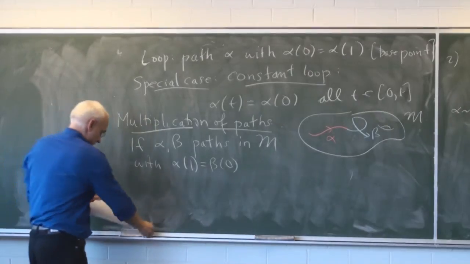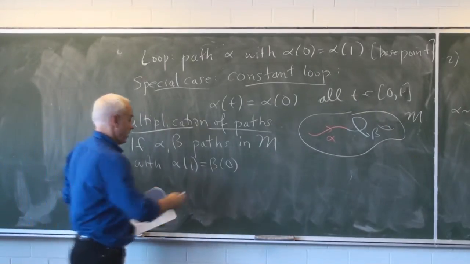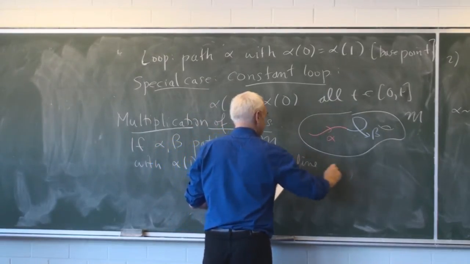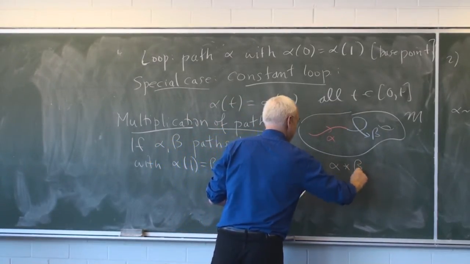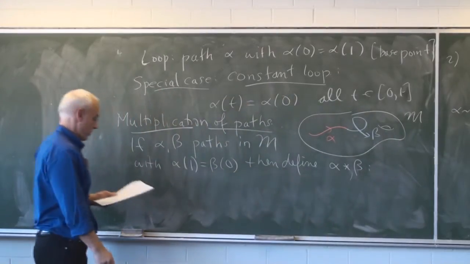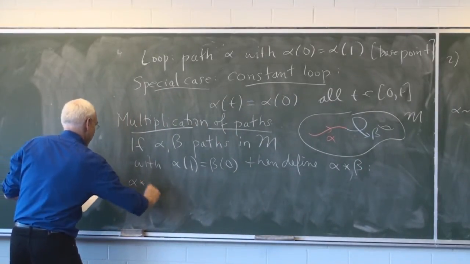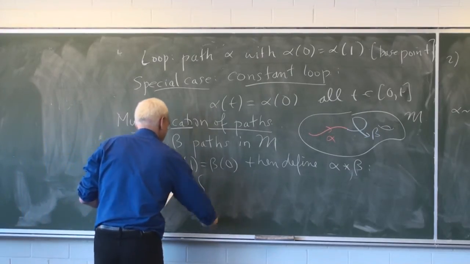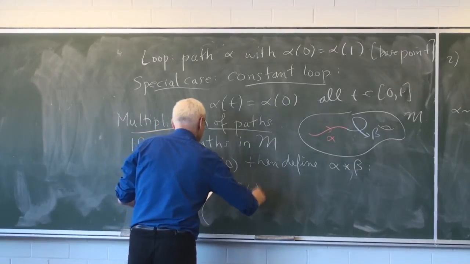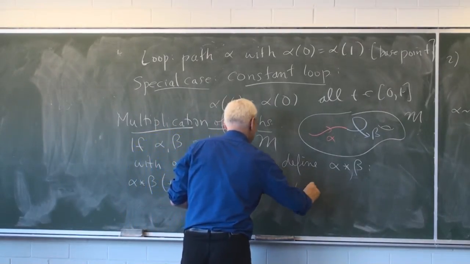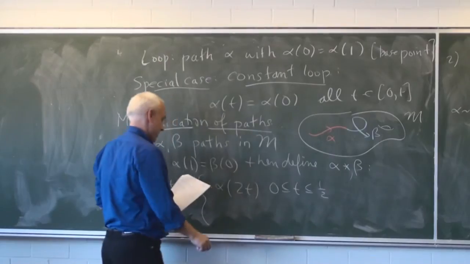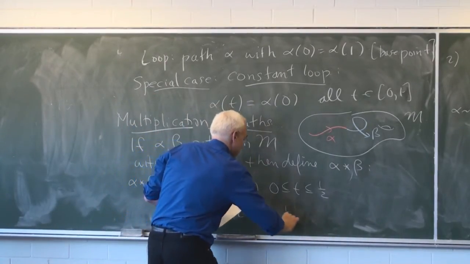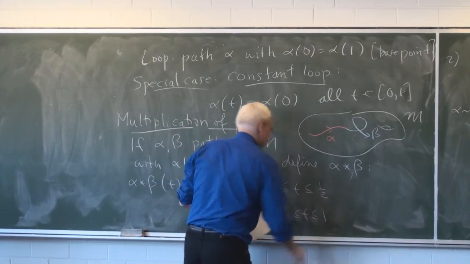Then we're going to define a new path. Define the product path alpha times beta in the following way: alpha times beta at t is alpha of 2t if t is between 0 and 1/2, and beta of 2t minus 1 if t is between 1/2 and 1.